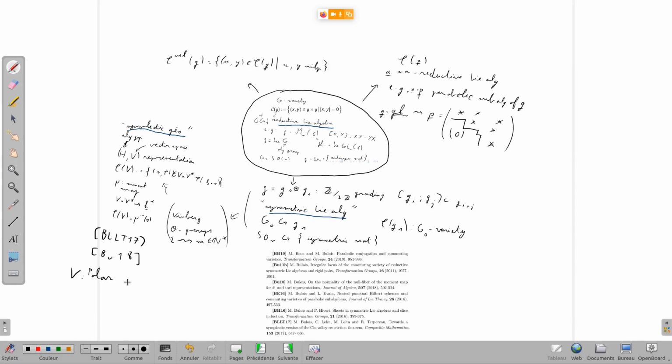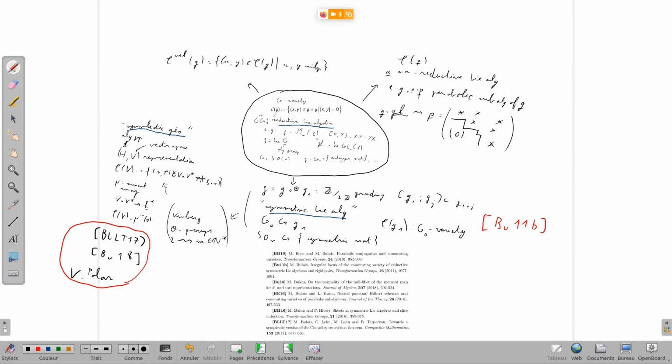Maybe I can change color here. Okay, one of our works was about the commuting varieties in the symmetric algebra setting. So this is BU11B, where I looked at the irreducible components of this variety.